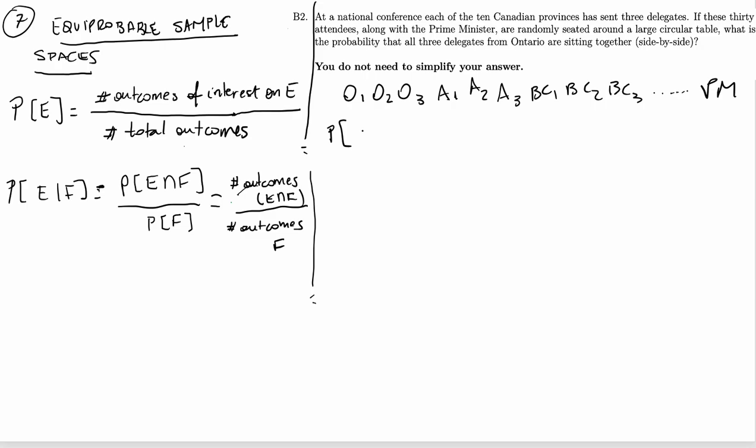Amongst all the ways that you can sit these people, what's the probability that all 3 delegates from Ontario are sitting together, side by side? So what's the probability of having O1, O2, O3 together, side by side? This is our question.